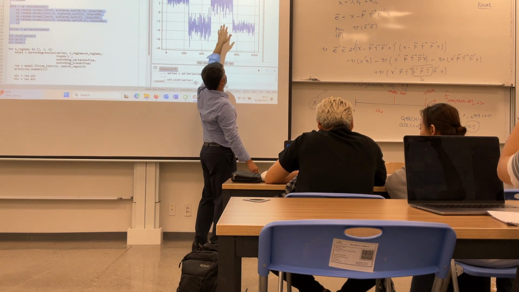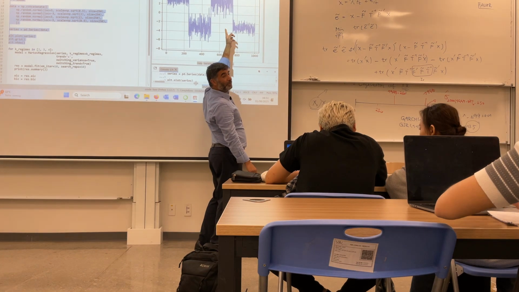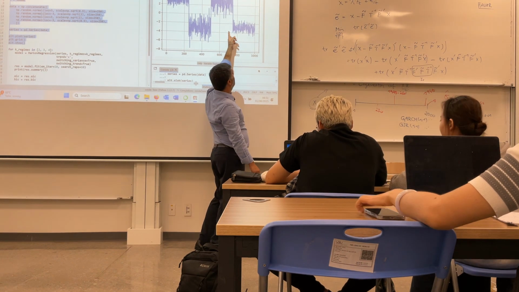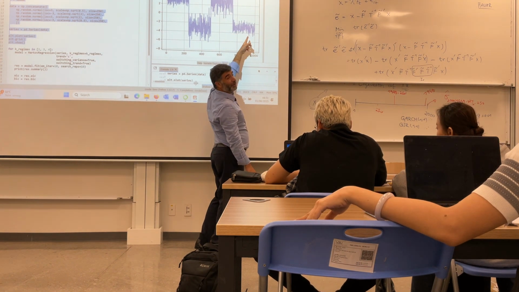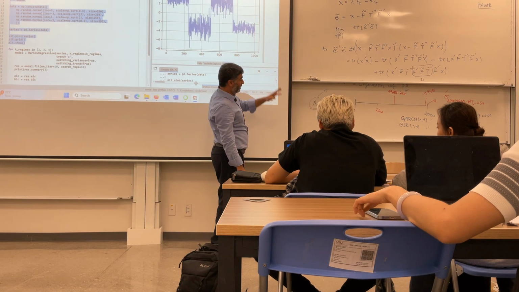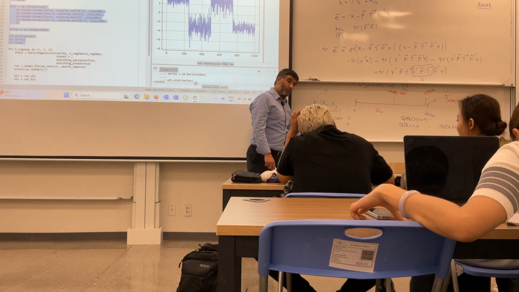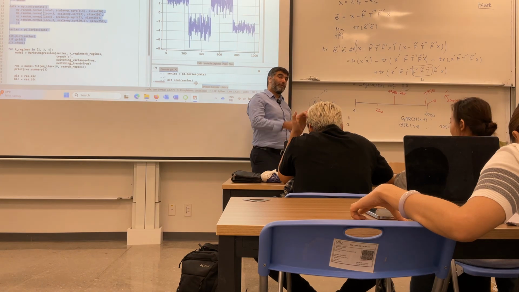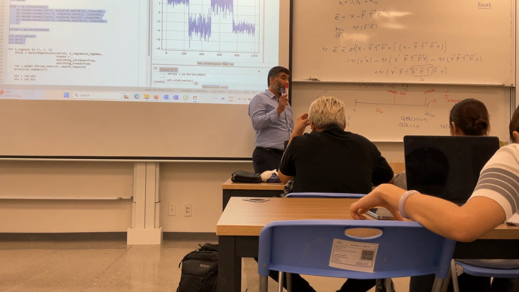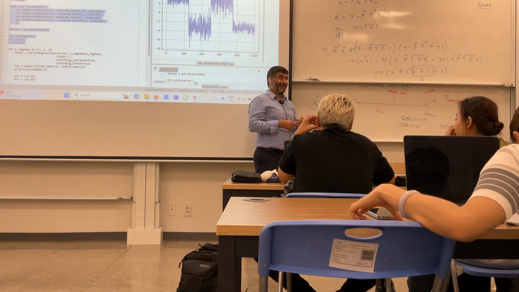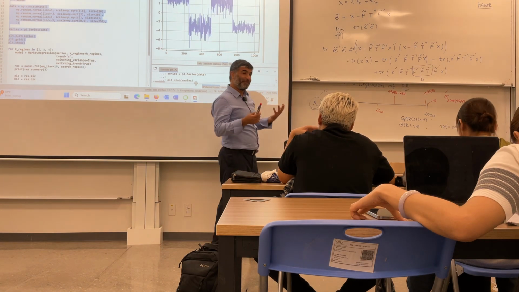Then the mean grows and the variance is large. And then the mean is dropping and the variance is also dropping. So we have 4 states: not 0 and 1, not high and low, but rather high-low, low-high, low-low, high-high. So we have 4.